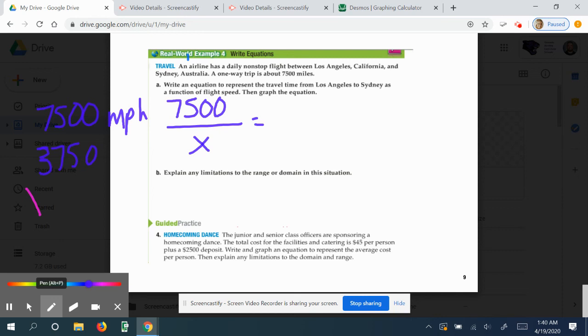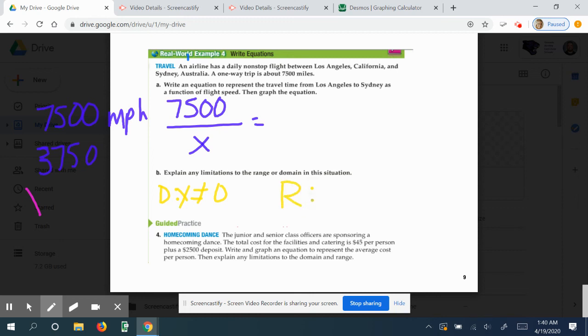But it says explain any limitations on the domain or the range. Well, obviously, our domain, right, is x cannot equal 0, right? And so what that basically means is you can't be going 0 miles an hour, right? Because then you're not moving, right? And so that is impossible.